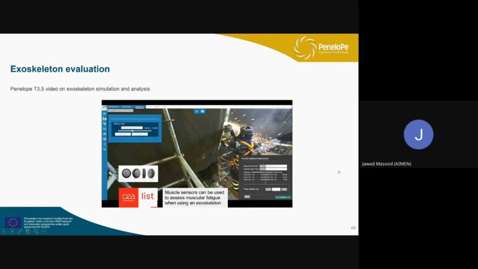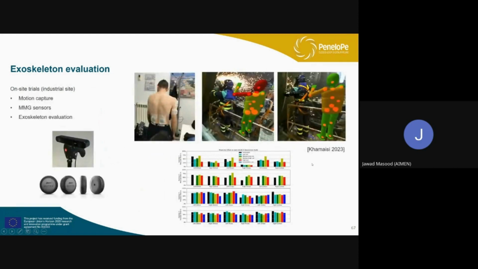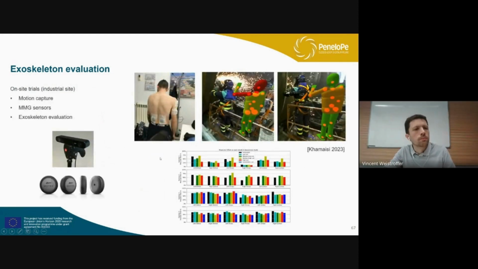Okay, fine. Could you give a bit of an overview of this MMG type of sensors from Moten? How does it measure the mechanical output of a muscle? So these sensors are quite new, and we actually began to use them inside the PeneloPe project for this use case. And for now, we have also used them for other use cases with other industrial partners.